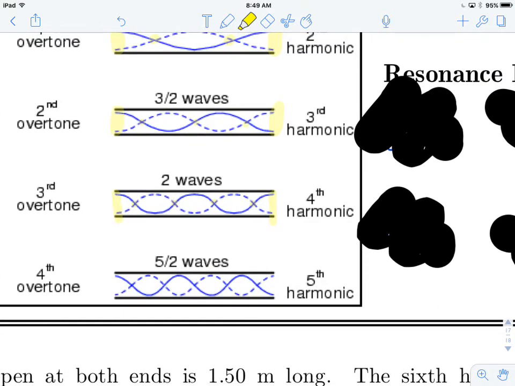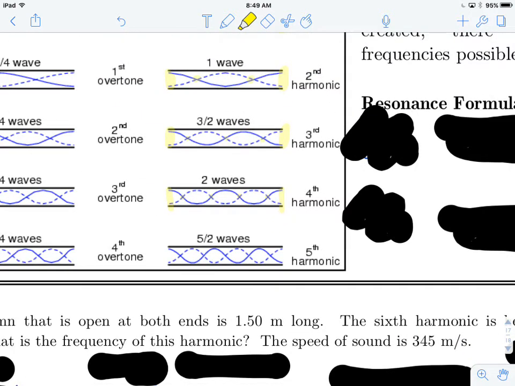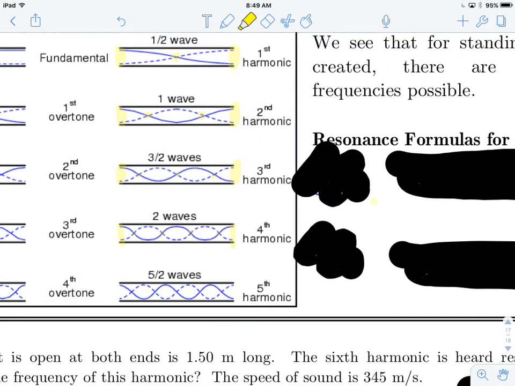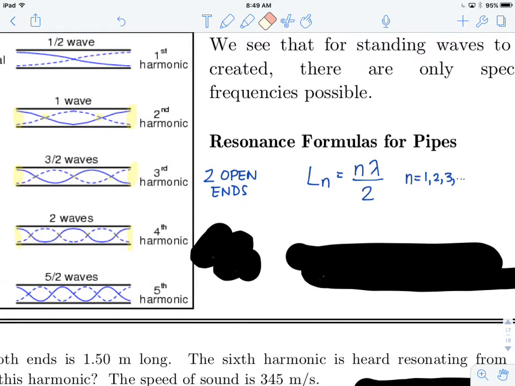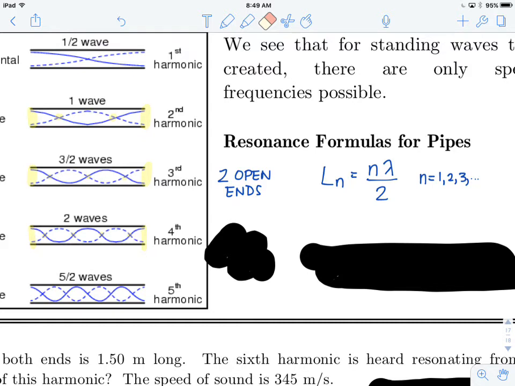So if we were to develop a formula, and we have a formula, what we could do is say that for 2 open ends, we have the exact same formula that we had for 2 fixed ends with strings: the resonant length is equal to n lambda over 2, where n is equal to 1, 2, 3, and so on.